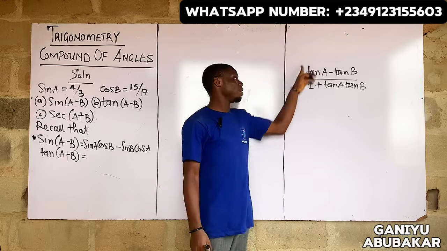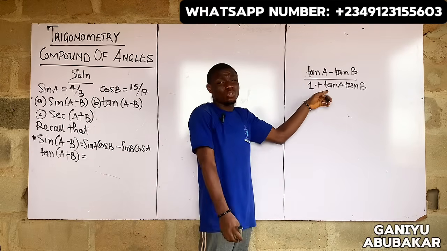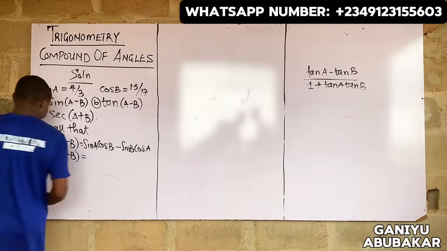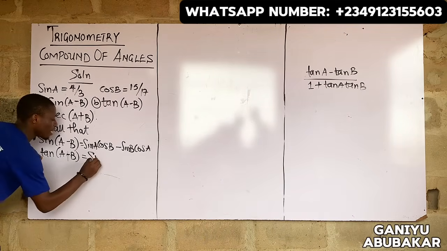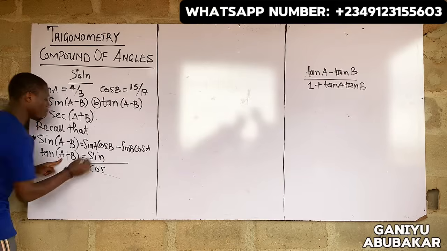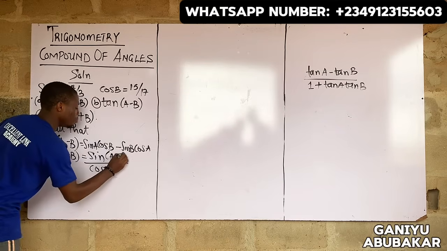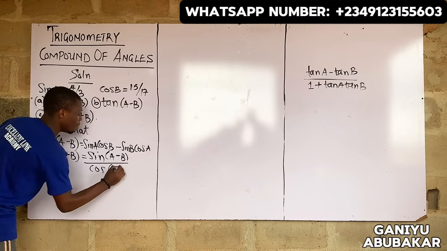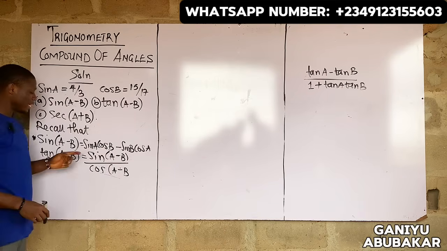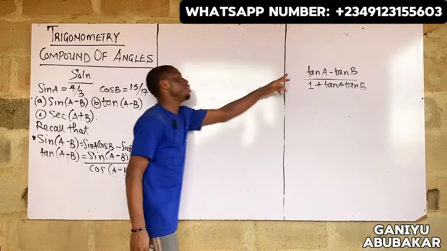But mind you, I can also improvise. Tan means sine all over cos. So I can express tan A minus B in two ways, either in this form or in the sine over cos form.